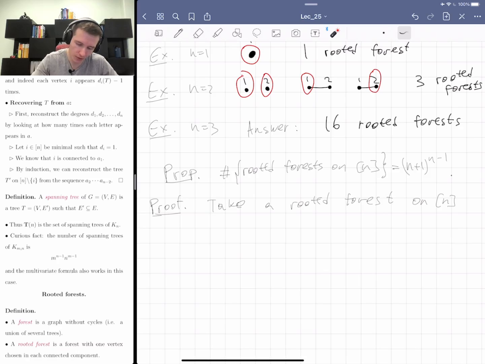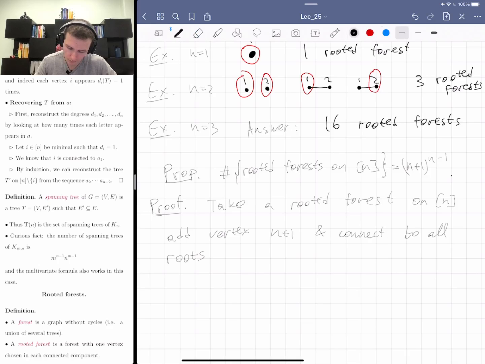So naturally you can add vertex n plus 1 and connect it to all the roots. And then you get a tree on bracket n plus 1. And then you just forget the roots. You only remember the tree.